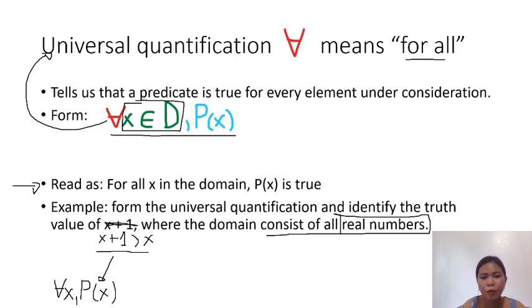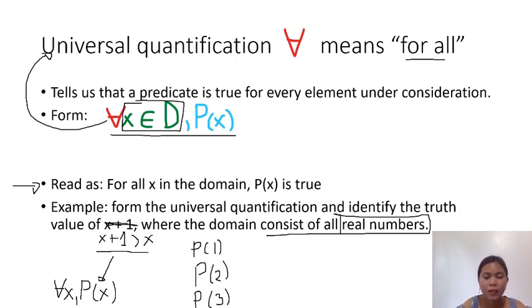So, let's say P of 1, P of 2, and then P of 3. Let's assign each of these integers sa x natin.